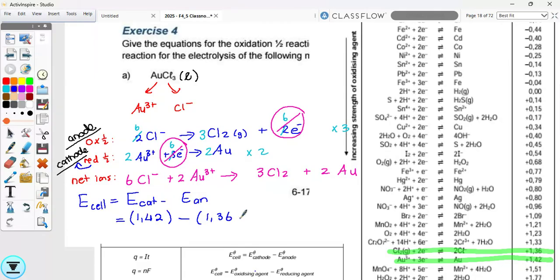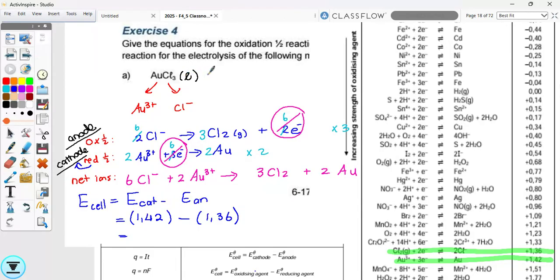1,36. Okay, so this is a bit of a weird one that they gave you here. These values are very close together. So you're going to see that you end up with an answer that is actually positive. That's probably why they didn't ask you for this one. Normally, when you end up with a positive answer, it means that these things would react spontaneously.